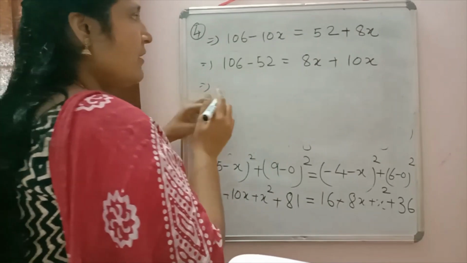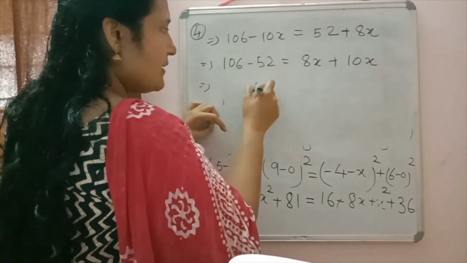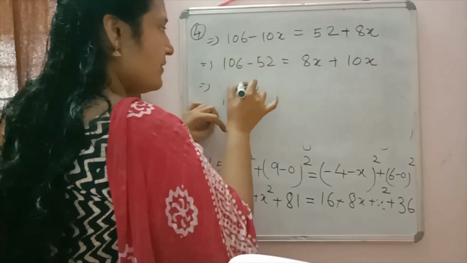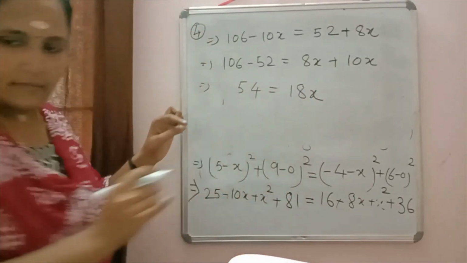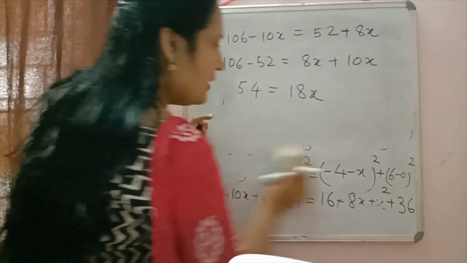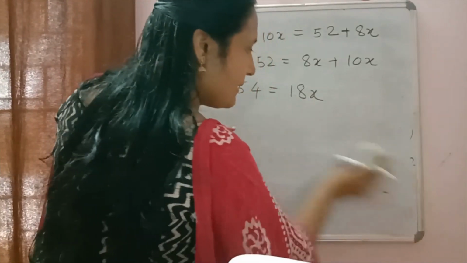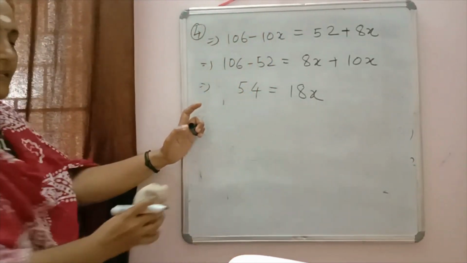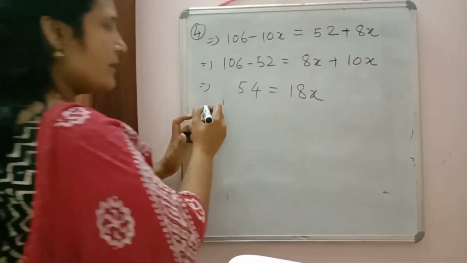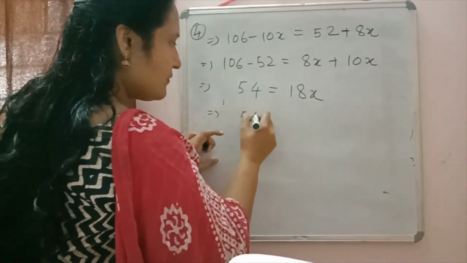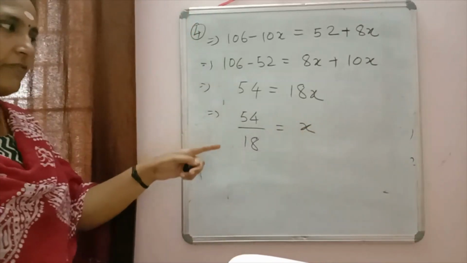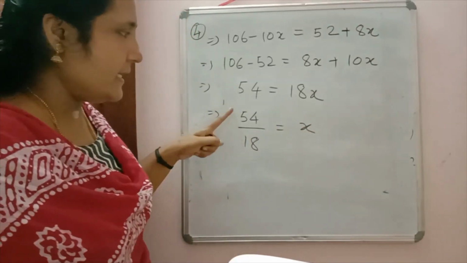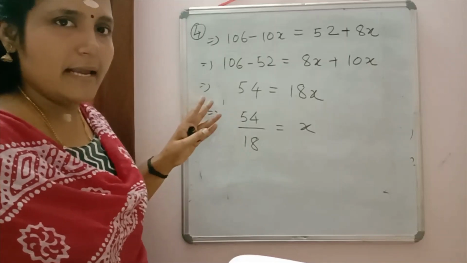When we shift to the right-hand side, it will become plus 10x. 106 - 52, do the subtraction: 6 minus 2 is 4, 10 minus 5 is 5, so 54 is equal to 18x. And now we will shift 18 to the left-hand side. 18 is multiplied by x, so when you change the position, it will get divided. So we are getting 54/18 equal to x. If you know the multiplication table of 18, directly you can cancel it by 18.